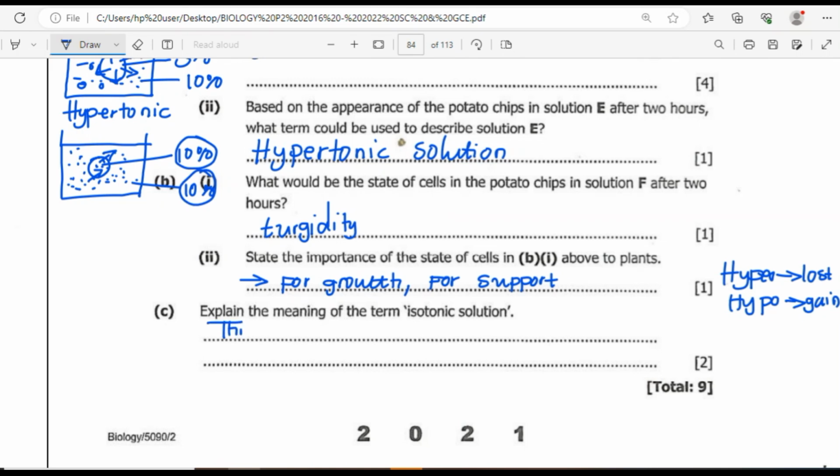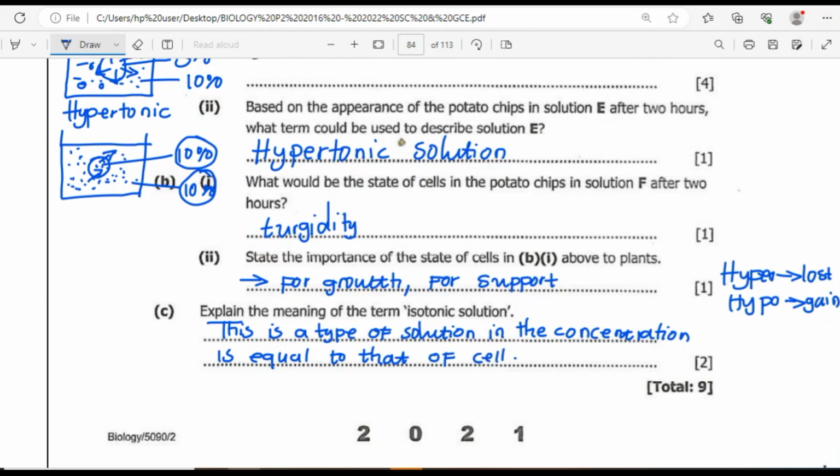So say this is a type of solution in which the concentration is equal to that of a cell. Okay, so this is what we can share for this.